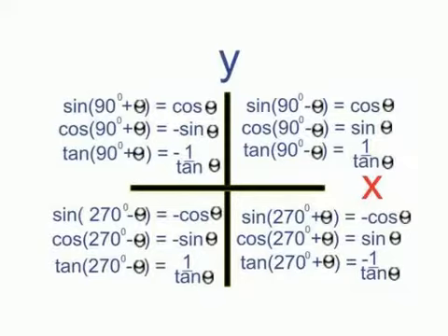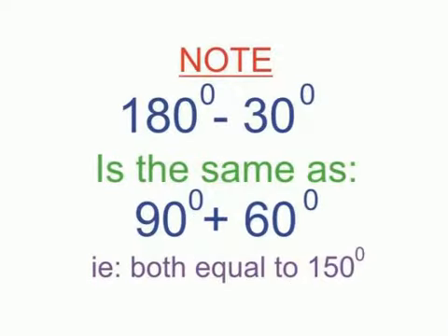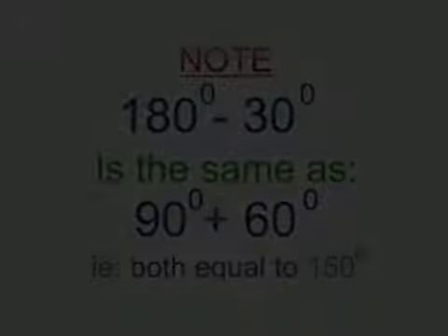For example, 180 degrees minus 30 degrees is the same as 90 degrees plus 60 degrees. We could have done that reduction either way. In this exercise, I want you to reduce them all off the y-axis only. Press pause on your DVD player, and when you return, we'll go through it together.